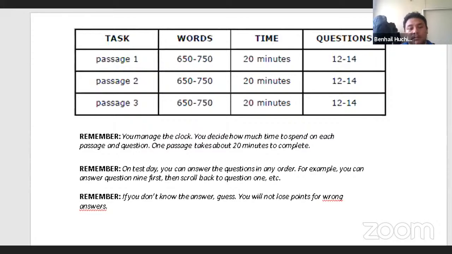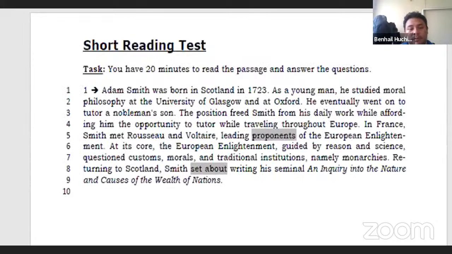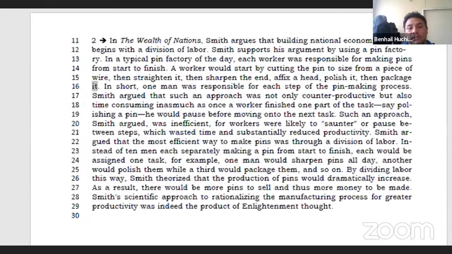So this is, for example, a passage. Here you will see the numbers and the highlighted words, because in a question you might use them like this. You can start it like this.